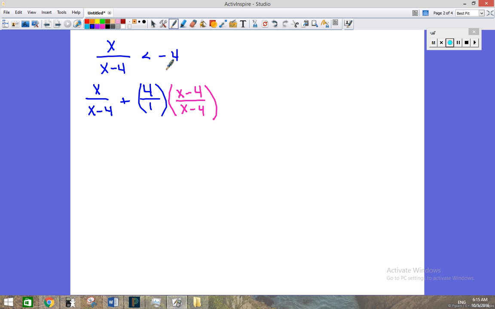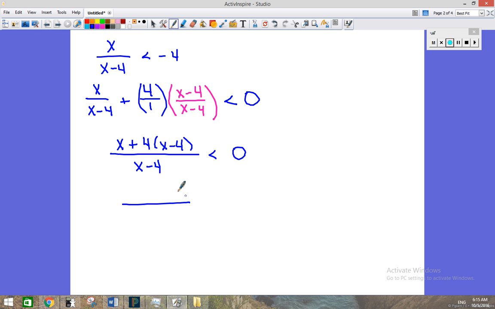Now, when I added 4 to both sides, negative 4 plus 4 is 0. So now I have a common denominator. Now my denominator is x minus 4, and my numerator is x plus 4 times the quantity x minus 4. Distribute this through and you'll have 4x minus 16 plus the x, that is 5x minus 16, over x minus 4.